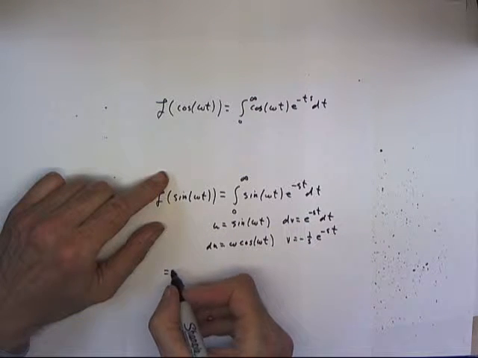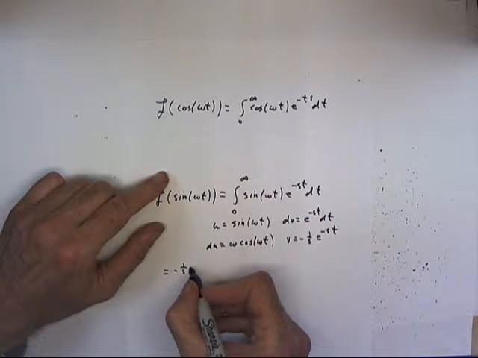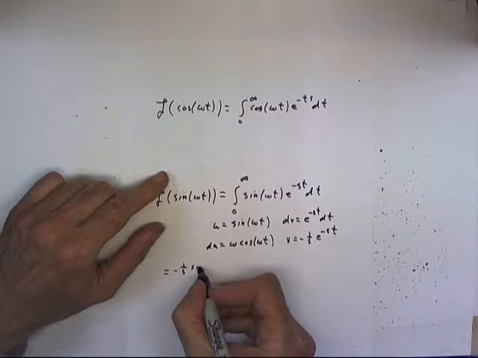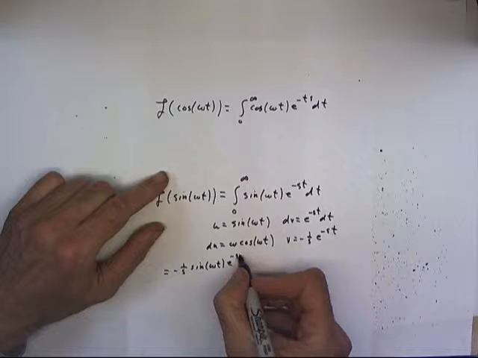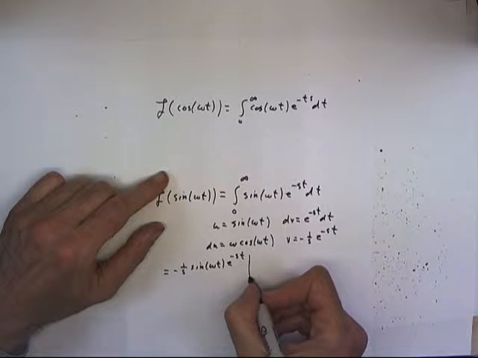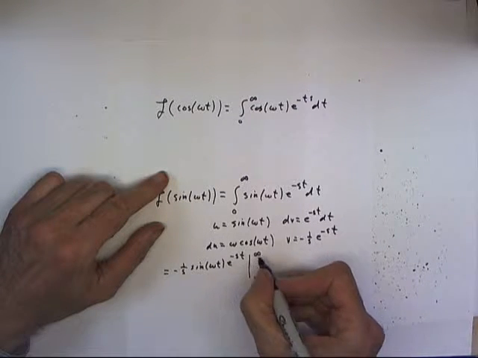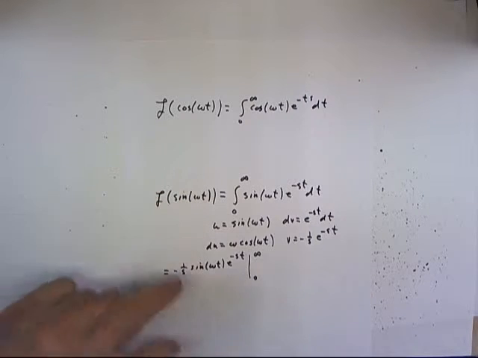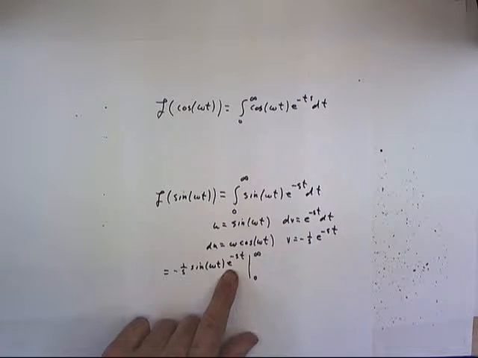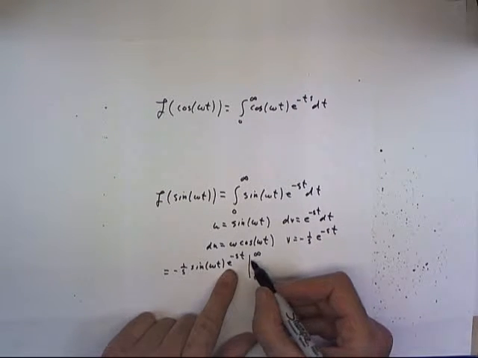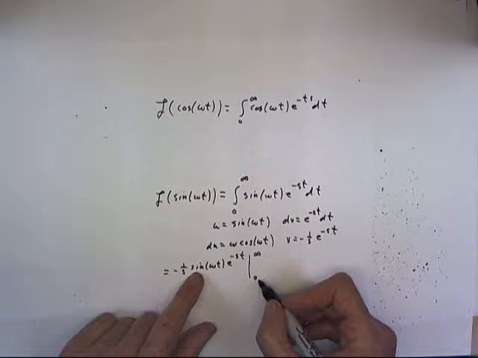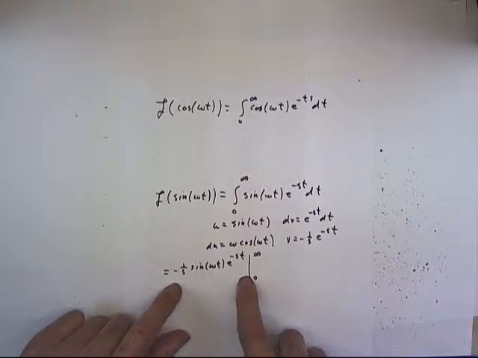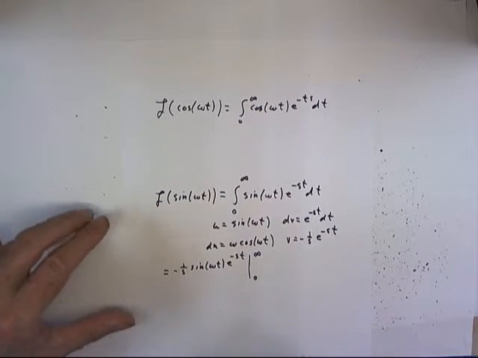So our integral becomes uv, which is negative 1 over s sine of omega t e to the negative st, evaluated between 0 and infinity. We can see already that at infinity e to the negative st is going to approach 0. At 0, the sine of omega t is going to be 0, so we're not going to get anything from this part.